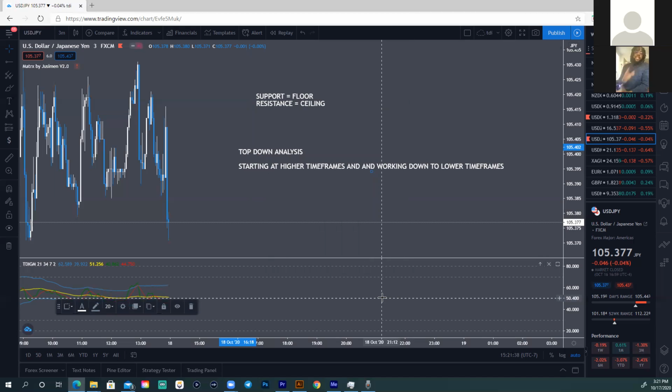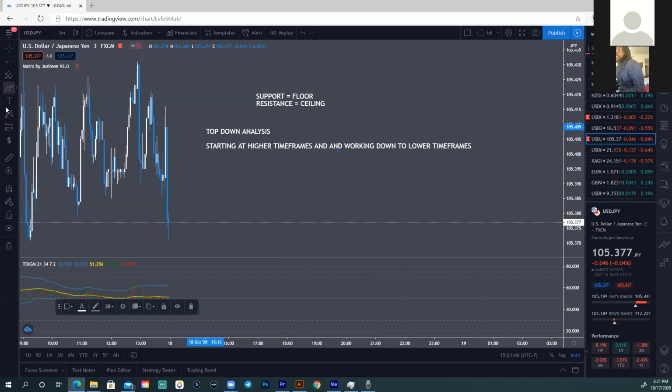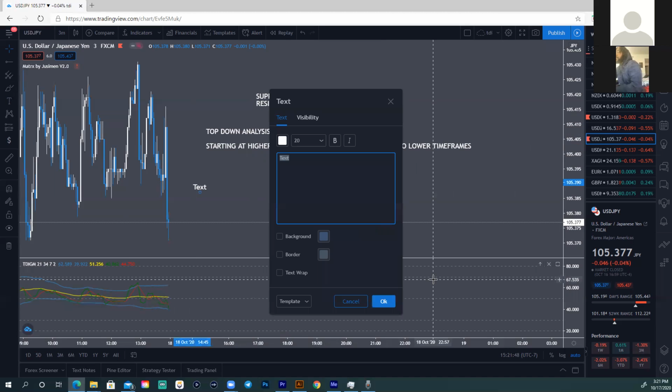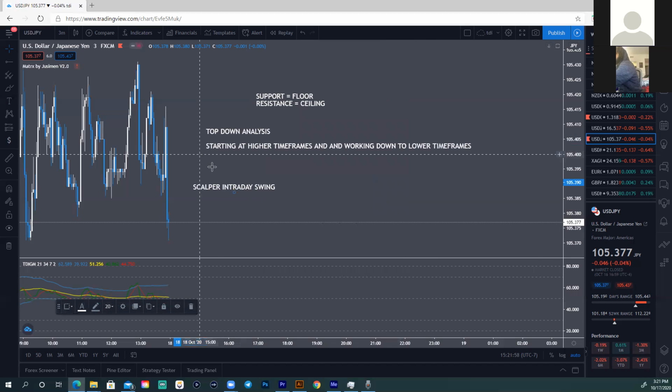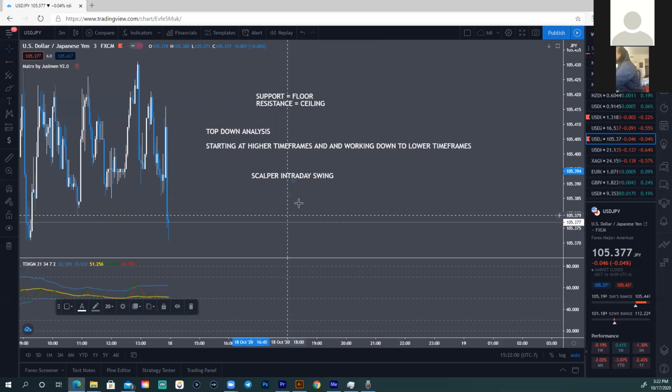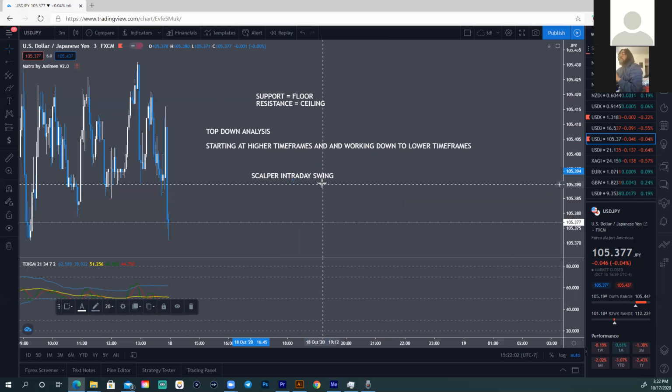Now, top-down analysis depends on the type of trader that you are. There are three different types of traders. You have the scalper, you have intraday, and you have swing traders. Those are the three different types of traders.